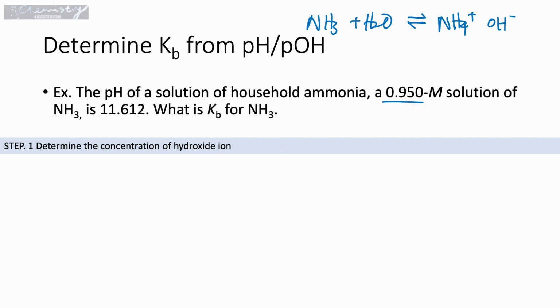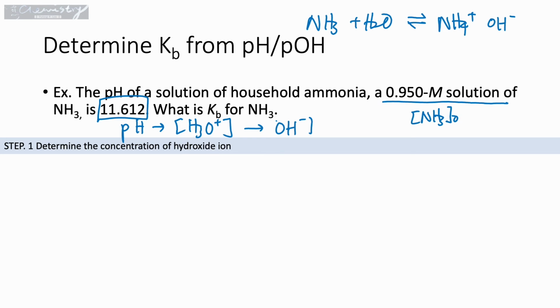And we know that this is the initial concentration of the base, and the pH allows us to find the concentration of the hydronium ion, which can let us find the equilibrium concentration of the hydroxide ion.